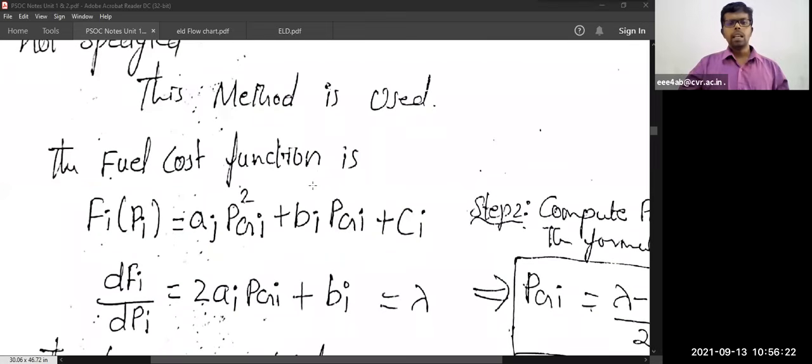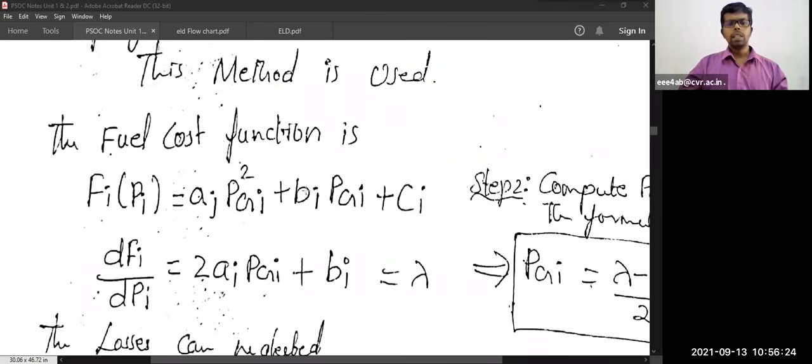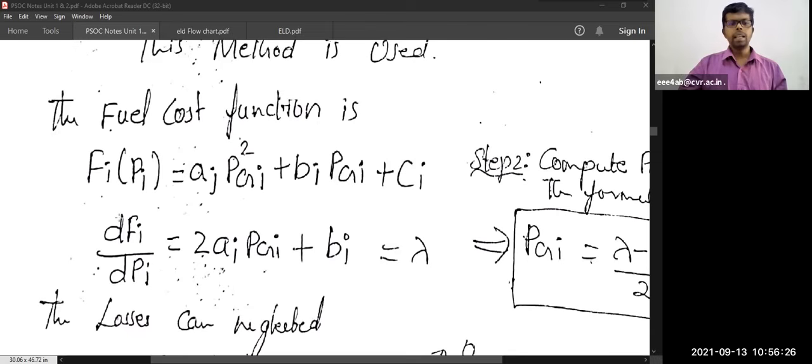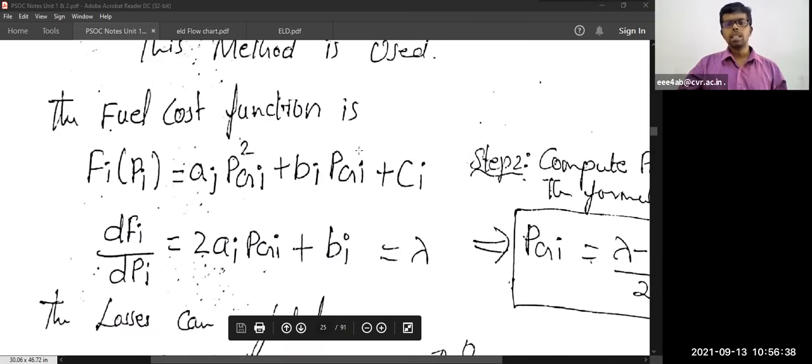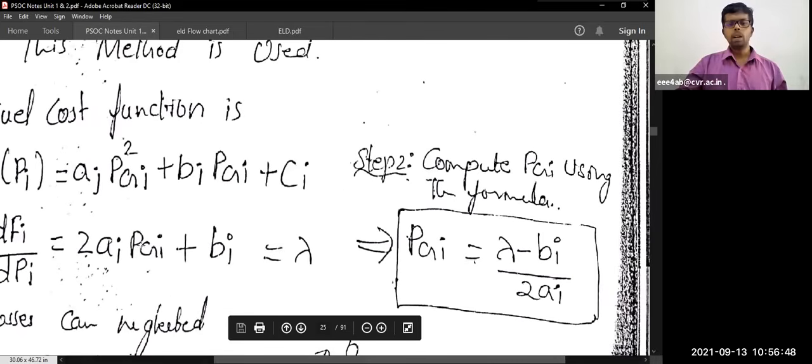So what we need to do is differentiate and equate it to lambda. If you differentiate, dFi divided by dPi is equal to 2 ai PGi plus bi. The constant term becomes 0, so constant is constant only. That is equal to lambda. From this we can easily find out PGi.